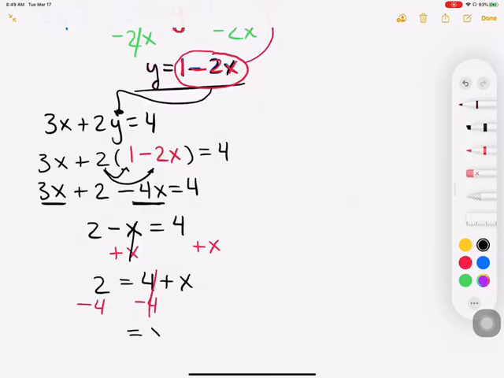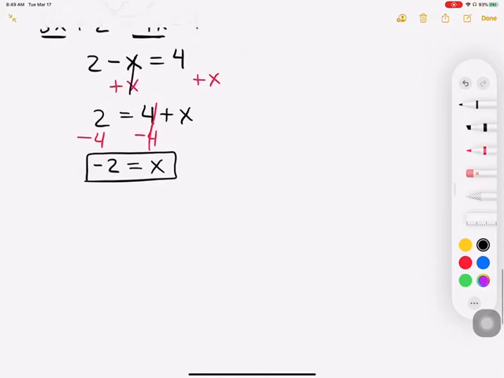So I reach x equals, and then 2 minus 4 is negative 2, or x equals negative 2. So this is my first component of the solution. You solve for one of the variables in one equation, and then you substitute this expression into the other equation. So x equals negative 2.